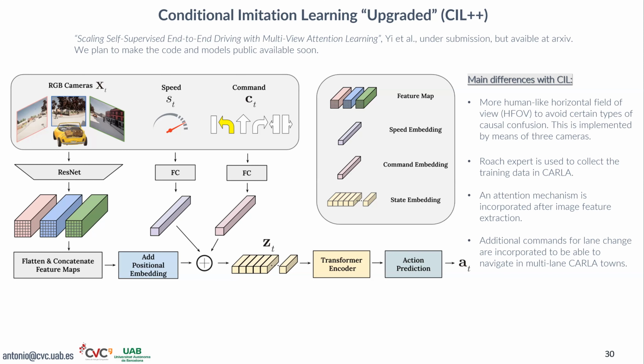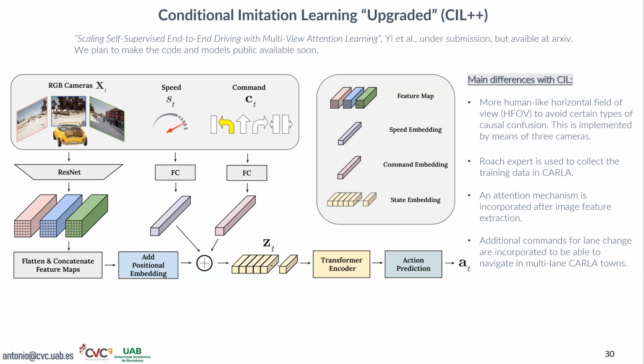So after all the convolutional layers based on a ResNet, we were using an attention mechanism. And we incorporated also additional commands because when we did this conditional imitation learning, only town 1 and town 2 and maybe town 3, I don't remember, of CARLA were there, but these were single lane cities. And now we have multi-lane cities. So we needed to incorporate things like lane changing.